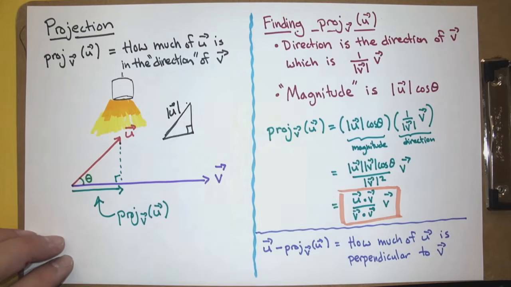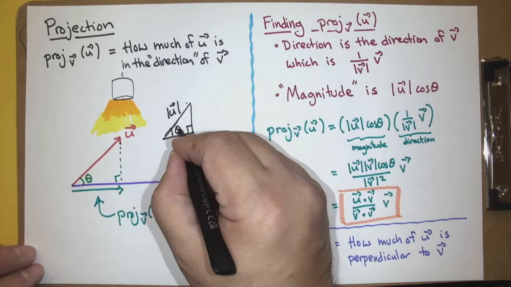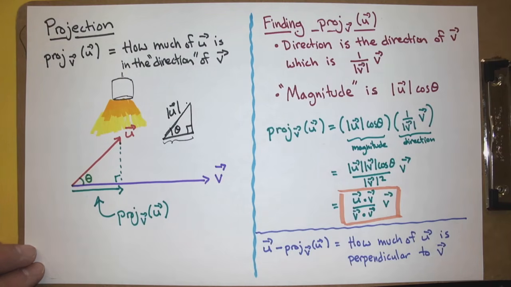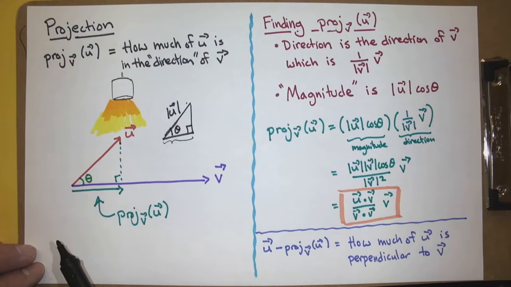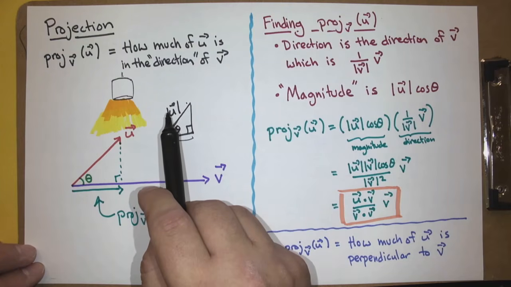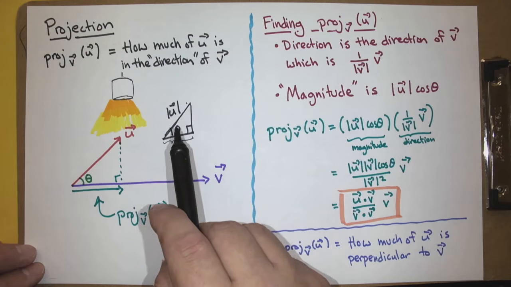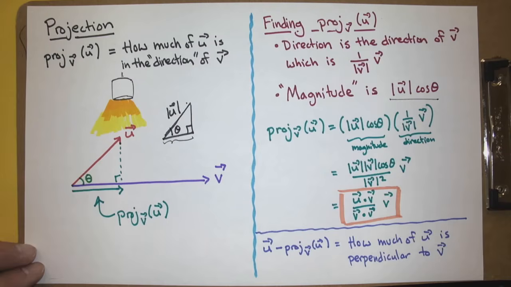So the length of the hypotenuse is the magnitude of u. And I have this angle theta. And I say, well, I want to know this length right here. So what relates the hypotenuse and the adjacent? Cosine. Cosine theta is the adjacent divided by the hypotenuse. So the length of this side is cosine theta times the hypotenuse. So that's the magnitude.